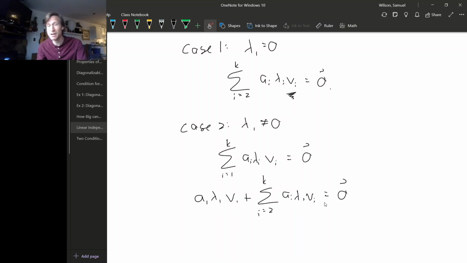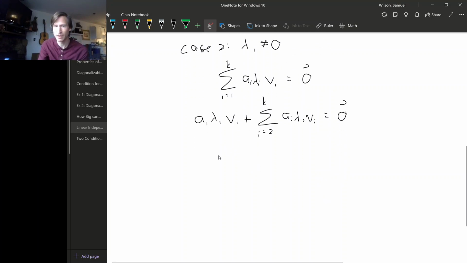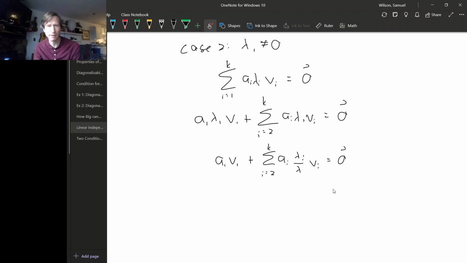Okay, so now let's divide both sides by lambda 1. We get a1 v1 plus the sum from i equals 2 to k of ai lambda i over lambda 1 times vi equals 0.